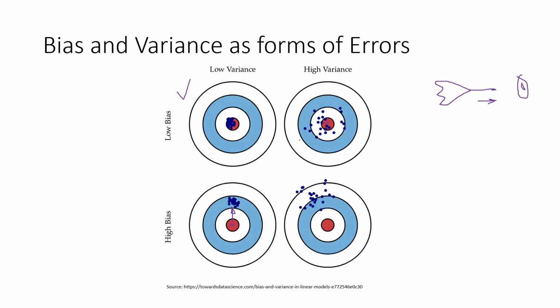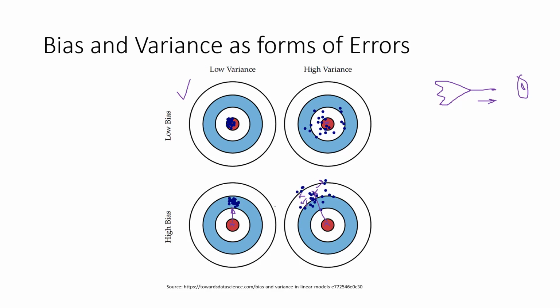When you have both higher bias and higher variance, your darts will be centered somewhere away from the expected point, somewhere here, and they are dispersed, there's a variance around this point where the darts are hit.